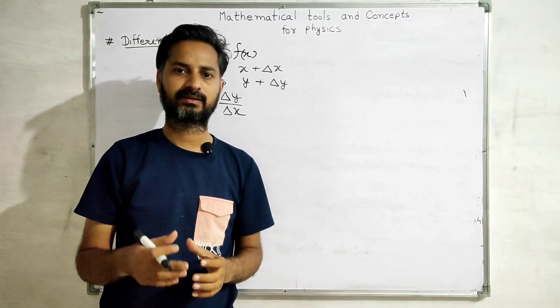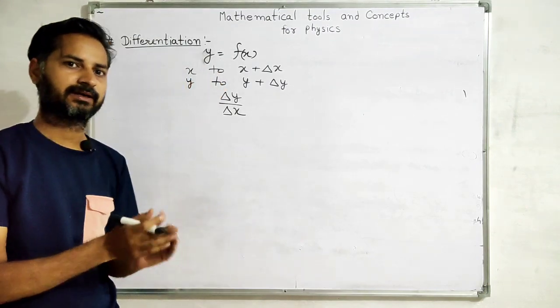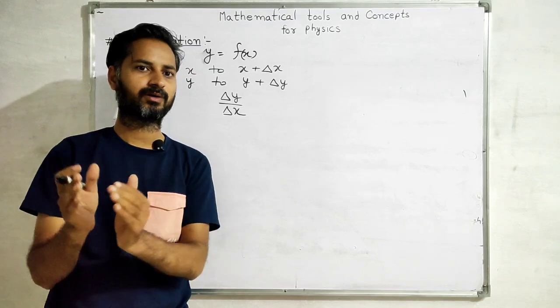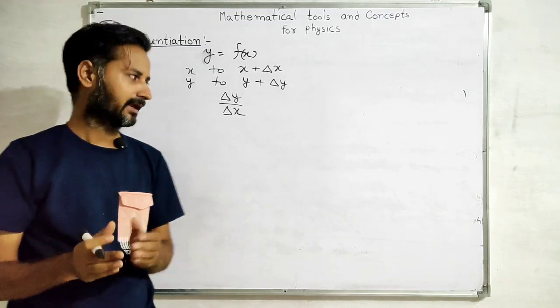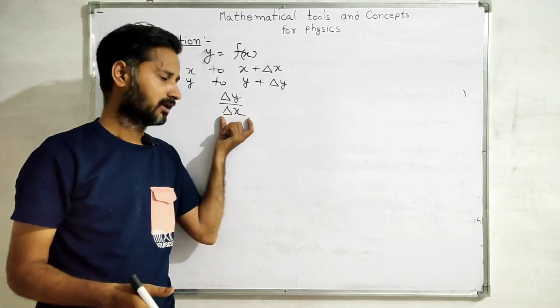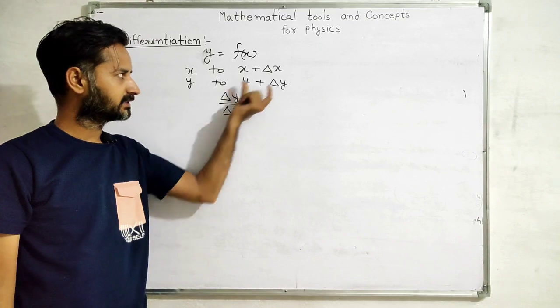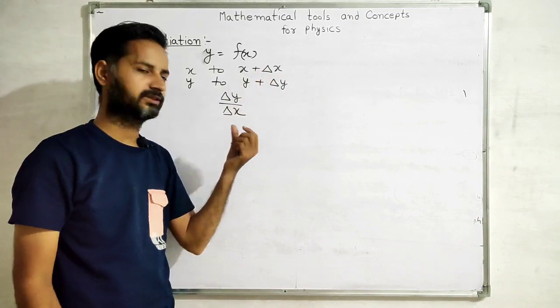What if we want this at a particular point? What is the rate of change of y at a particular point x? Then we have to make this change very small. We have to decrease this change so it almost tends to 0.